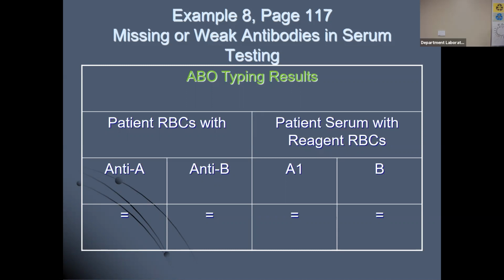Sometimes if you do a saline replacement or if you do any type of additional incubation here, there's not really a place to record those results. So you could just make a note in your patient chart. Depending on what type of blood bank computer system you have, or if you're doing all paper, just depends on what type of lab you're working at. Most places now will probably have some type of electronic blood bank system.